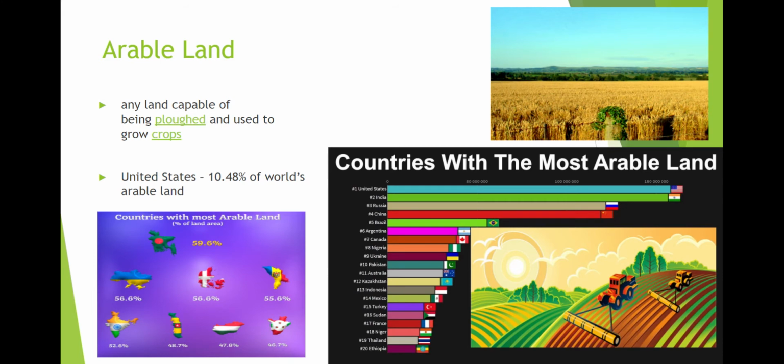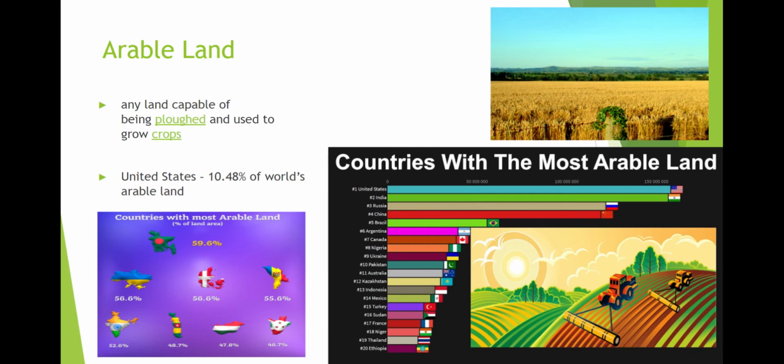So the purpose of this is to look at a country's food production and a country's ability to provide for itself, and thinking about what the implications economically speaking, geographically speaking, environmentally speaking might be for a country. So any land capable of being plowed or used to grow crops.